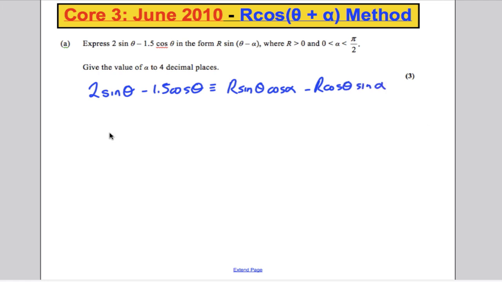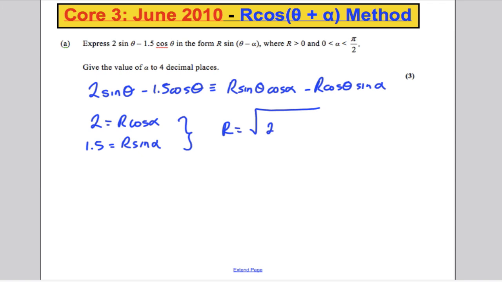I could therefore say very easily that 2 must equal r cos alpha, and also 1.5 must equal r sine alpha. From these two, r must be the square root of 2 squared plus 1.5 squared. Take the square root of that and you get 2.5, so r is equal to 2.5.